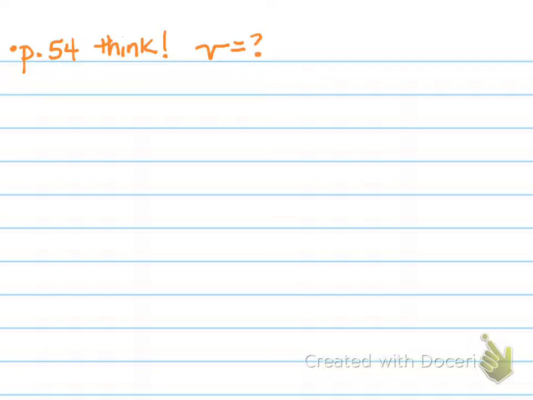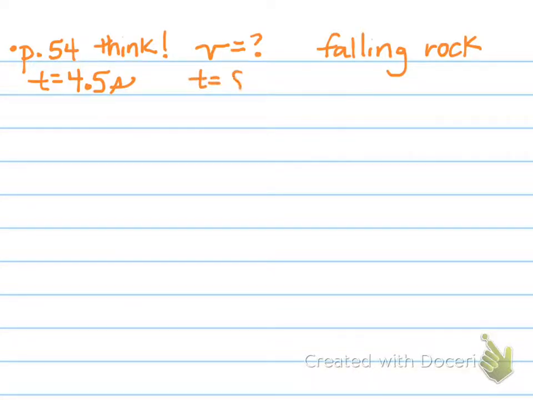It's a falling rock, so it's going to be moving in a straight line at constant acceleration. Our time is 4.5 seconds, and then we also want to know when the time is 8 seconds.